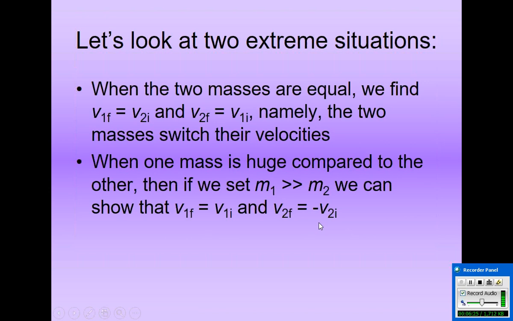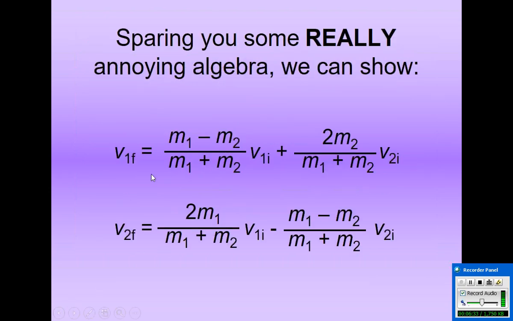So it doesn't matter which one we say. Let's say M1 is much larger than M2. And if we go back to the equations, if M1 is much larger than M2, then M1 minus M2 is basically equal to M1. M1 plus M2 is basically equal to M1.